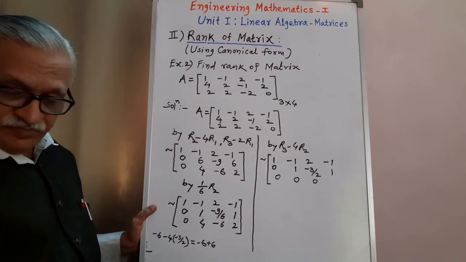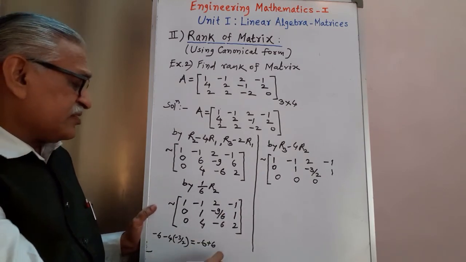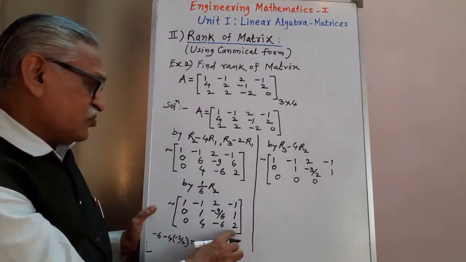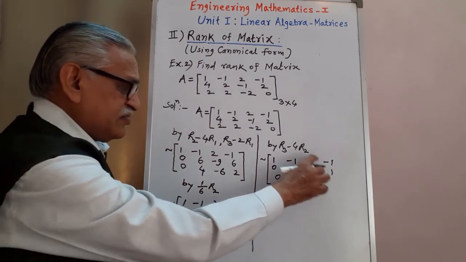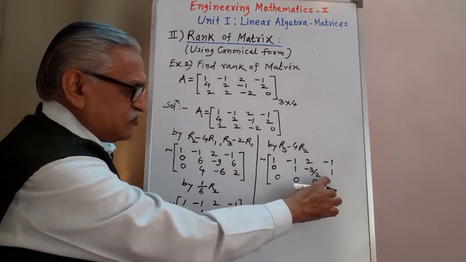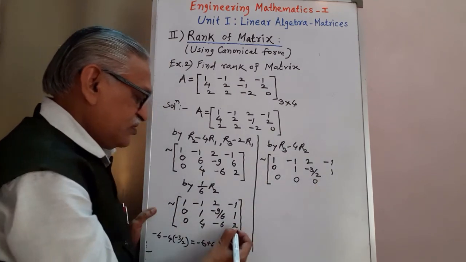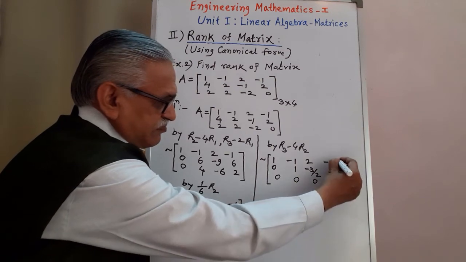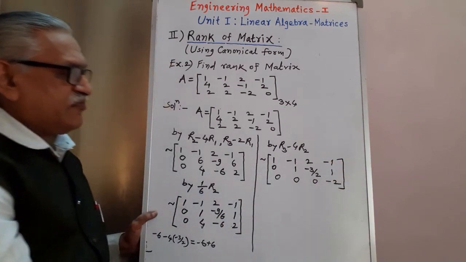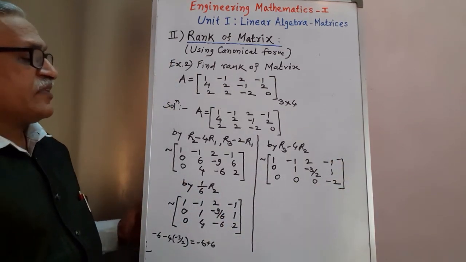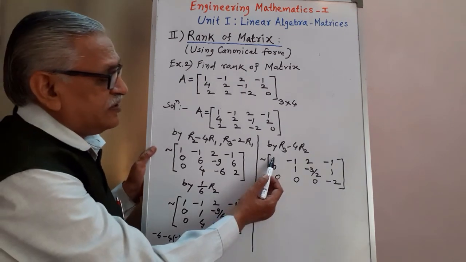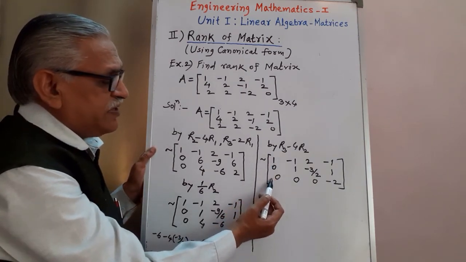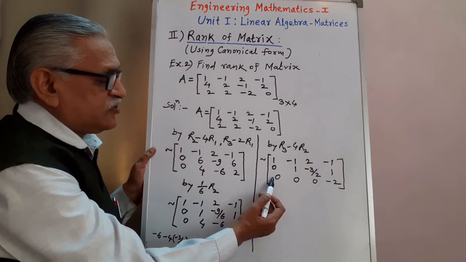Next, it is 2 minus 4 times 1, 2 minus 4 we get minus 2. Okay, and therefore all the elements below the first diagonal element we have converted to 0.